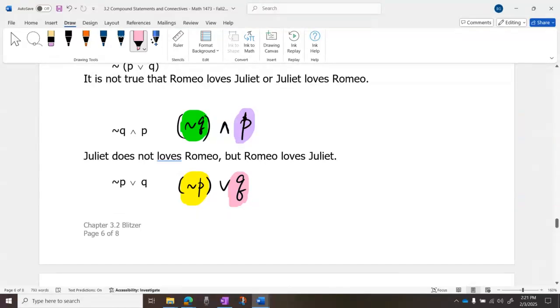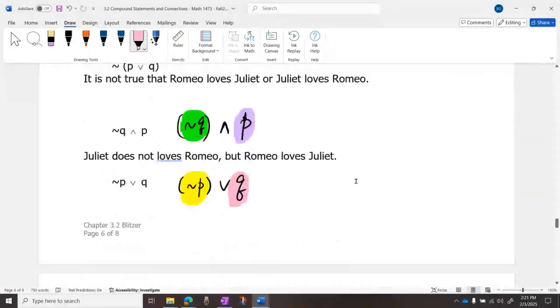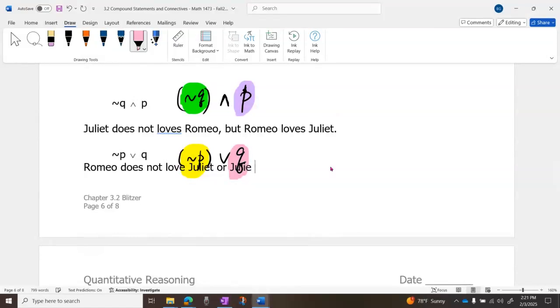So how do we translate that? Not P. P says Romeo loves Juliet, so not P is Romeo does not love Juliet, or Q, Juliet loves Romeo.